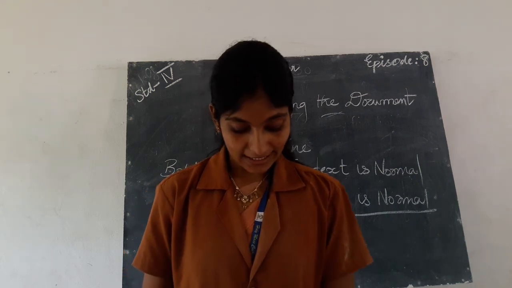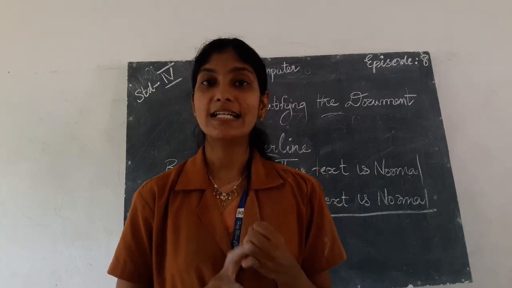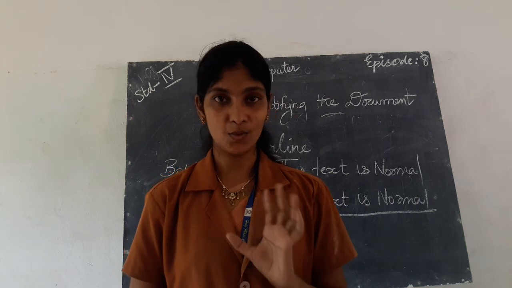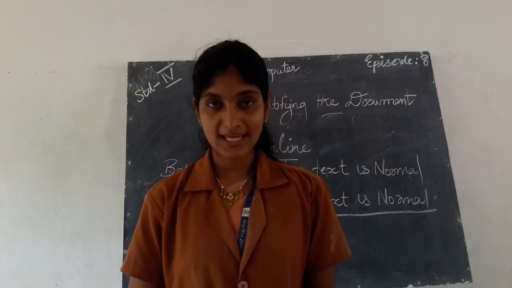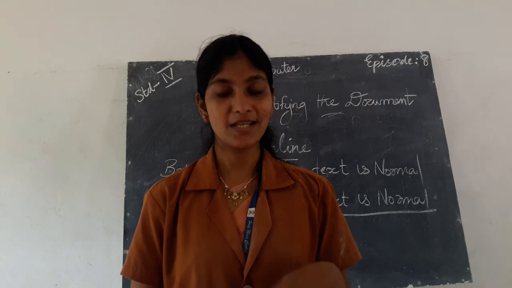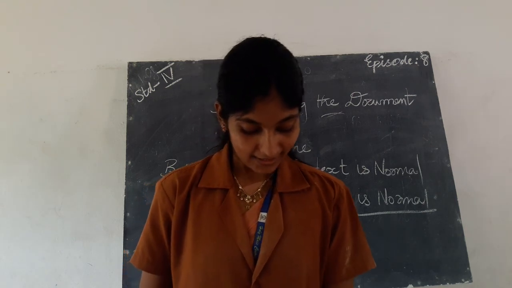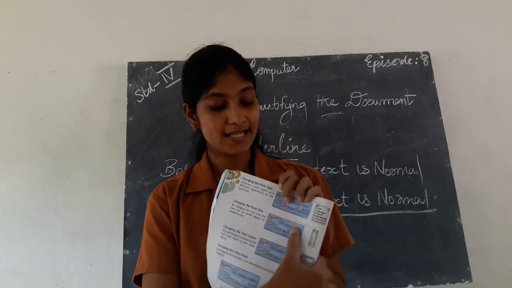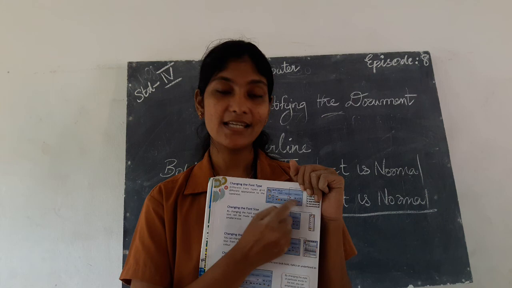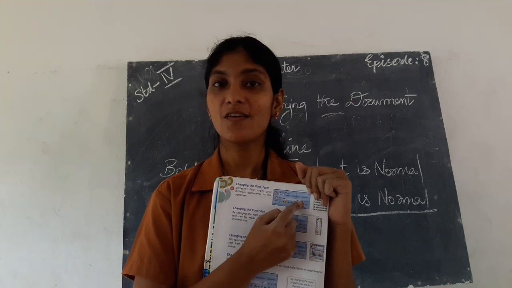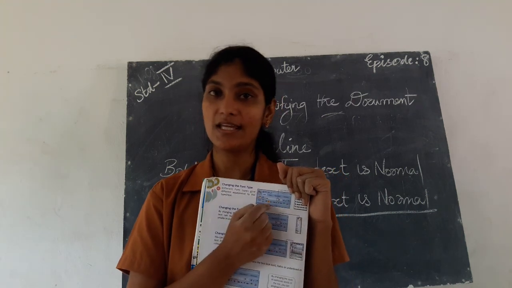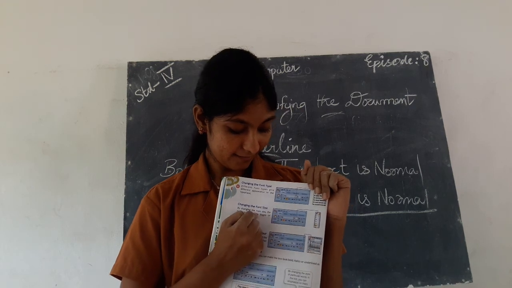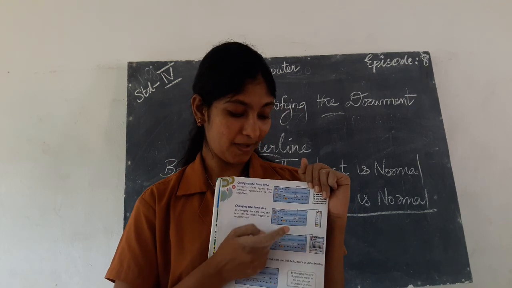A font is the design of the characters which you type, for example Arial, Times New Roman, Calibri, etc. Changing the font type: there is a field where we can change the font type, and near it there is a size which we can set for each font type.